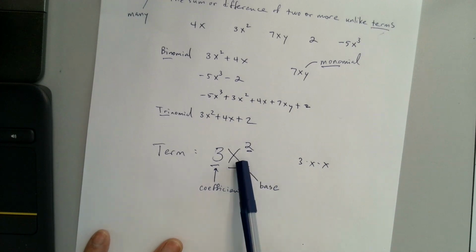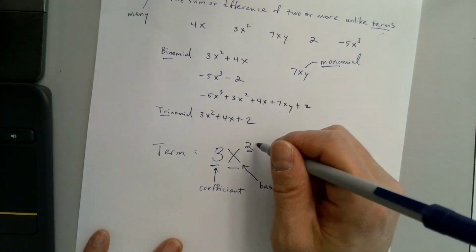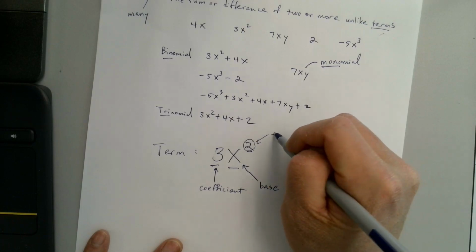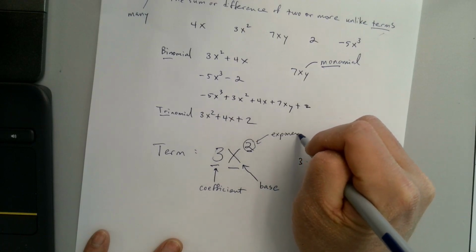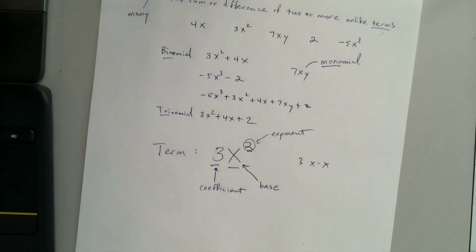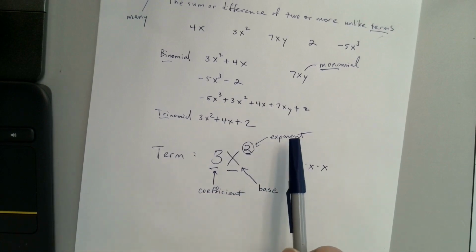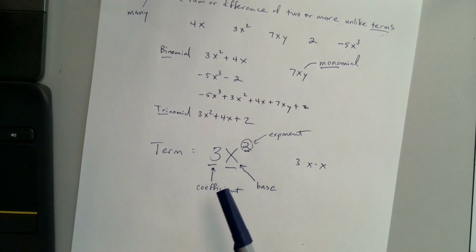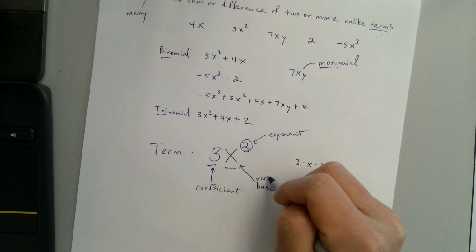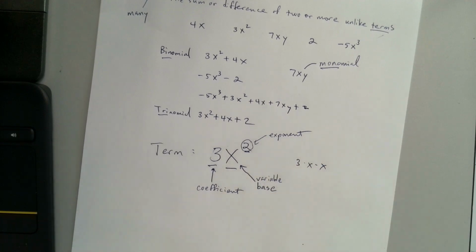So x is the base here. And we already know what that is. That's the exponent. So we got coefficient, base, exponent. And the base happens to be a variable, so we sometimes call this the variable base. The base is not always a variable, but in this case it is.